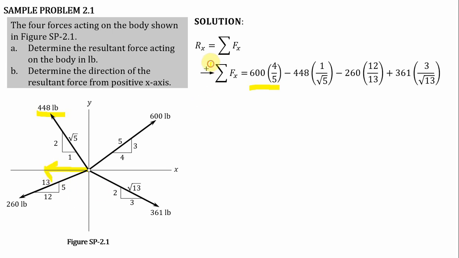And then, yung right natin is positive. So therefore, going to the left is negative. So that's why negative to. And then yung component ng 448 pounds with respect to x is equal to 448 pounds times 1 divided by square root of 5. Okay, same lang yung procedure sa pag-solve natin dito.